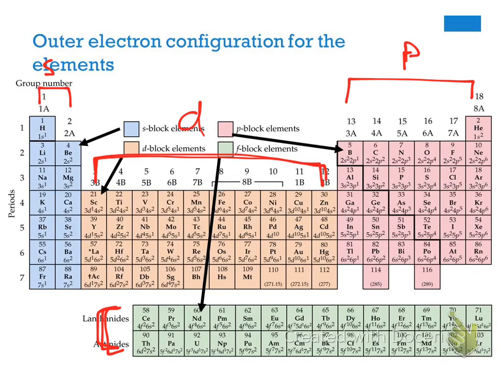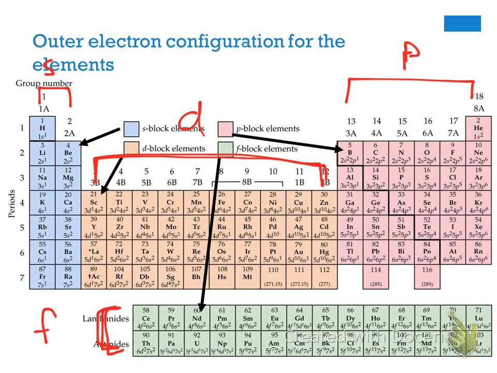And the lanthanides and the actinides are the F. Where do these letters look familiar from? Yeah, those are our orbital shapes. So we're going to start putting this together on the periodic table and looking at the electron configuration of individual elements based on their location in the periodic table.